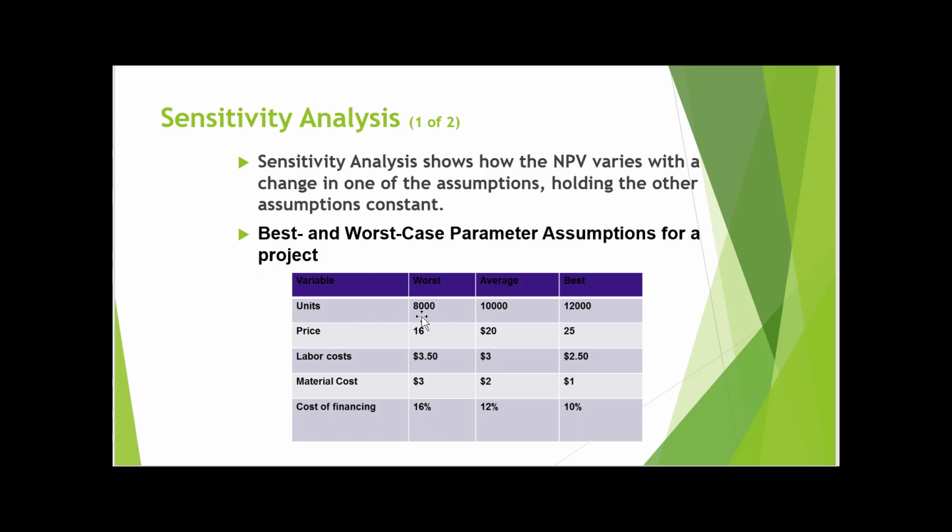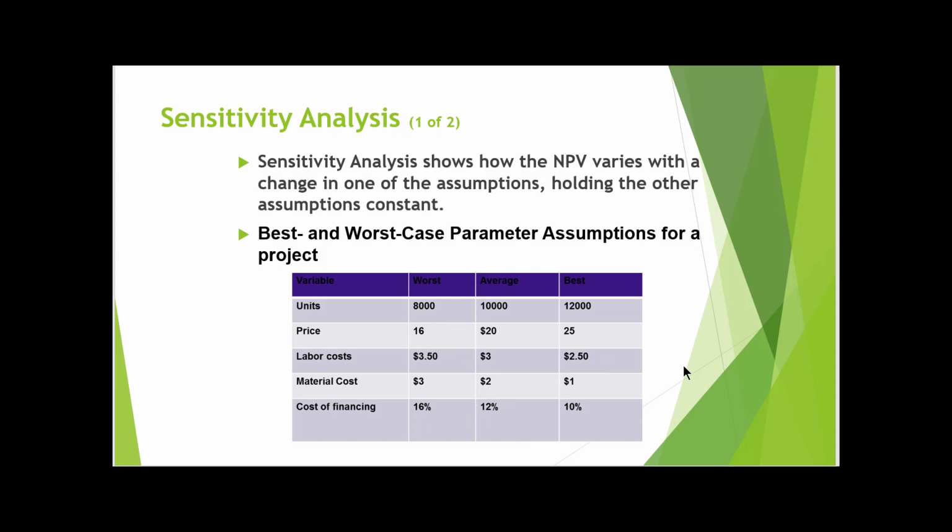In the worst case, what if we could only sell 8,000 units? In the best case, what if we could sell 12,000 units? We need to know what the net present value is given these characteristics. What about the price? What is net present value at $16 versus $25, and so on?